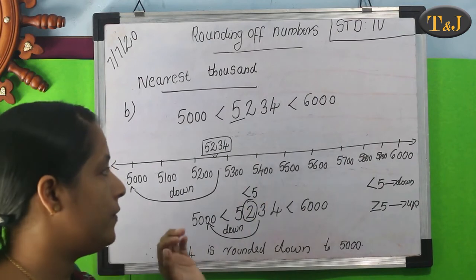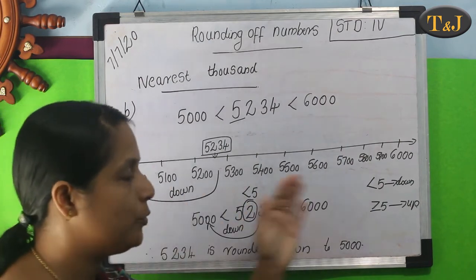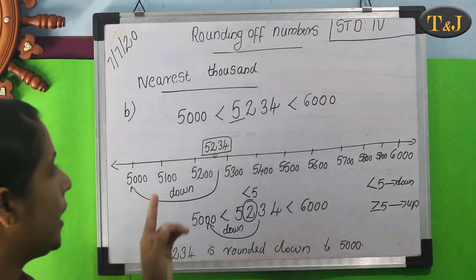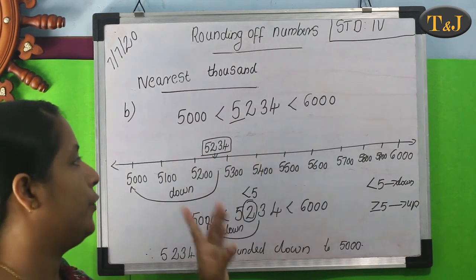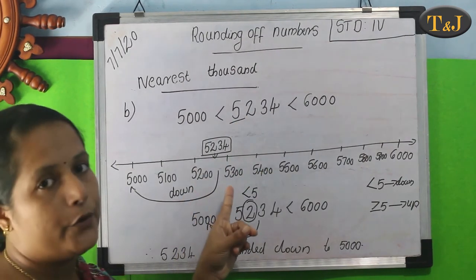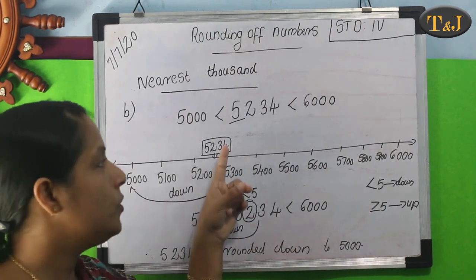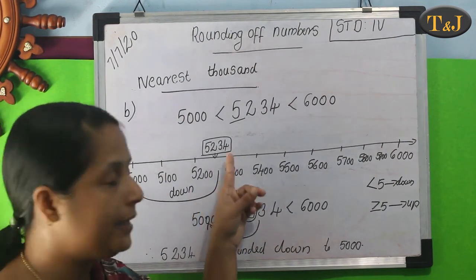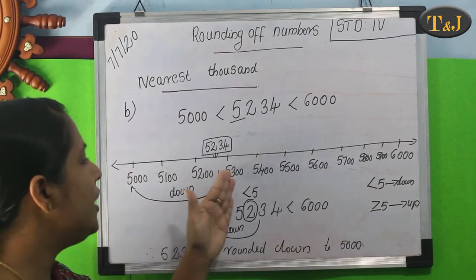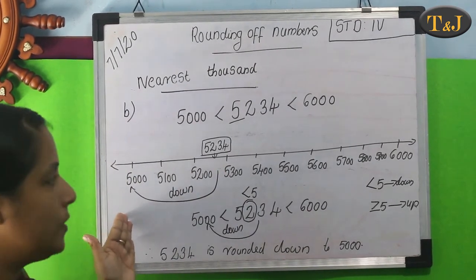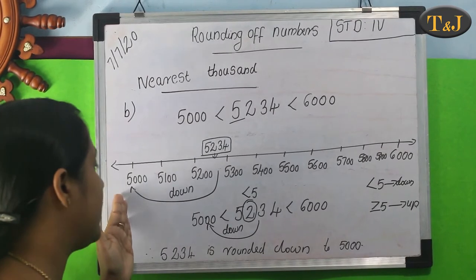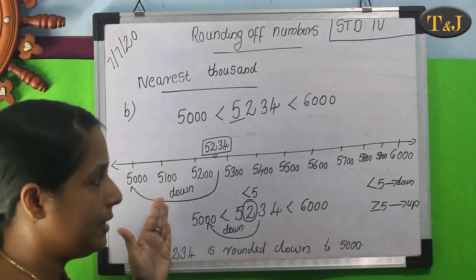Then we write 5100, 5200, etc. up to 6000. Next we locate 5234. It is in between 5200 and 5300. So we mark 5234 here. Then it is very close to the number 5000, so we mark it as 5000 and write the down category.